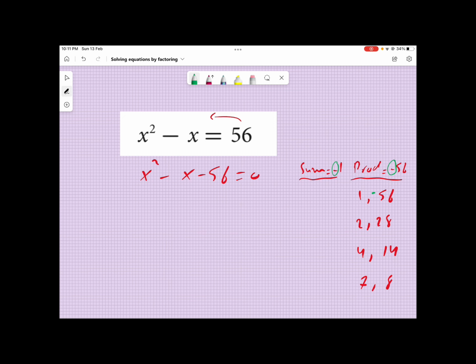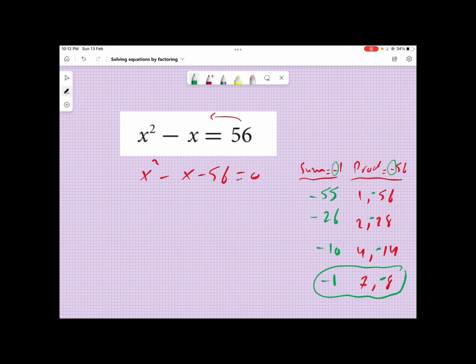So 56 should be negative, 28 should be negative, 14 should be negative, and 8 should be negative. Let's add: 1 and negative 56 is negative 55. 2 and negative 28 is negative 26. 4 and negative 14 is negative 10. 7 and negative 8 is negative 1.